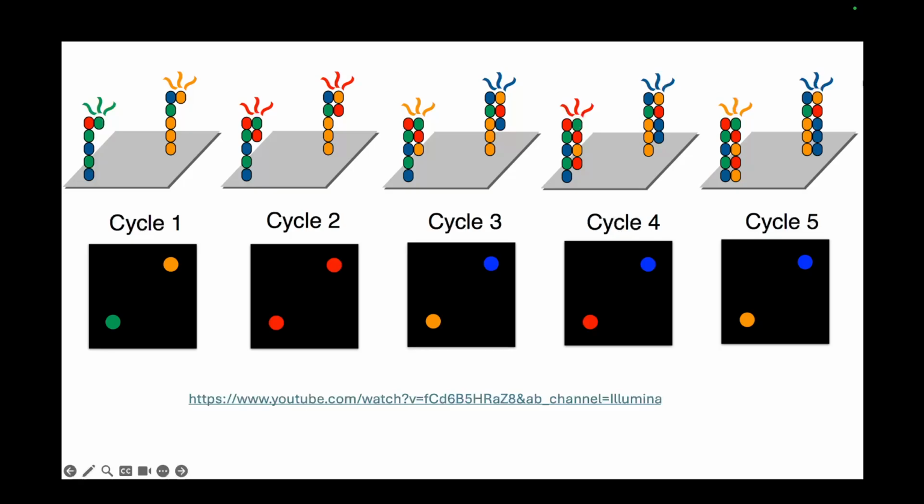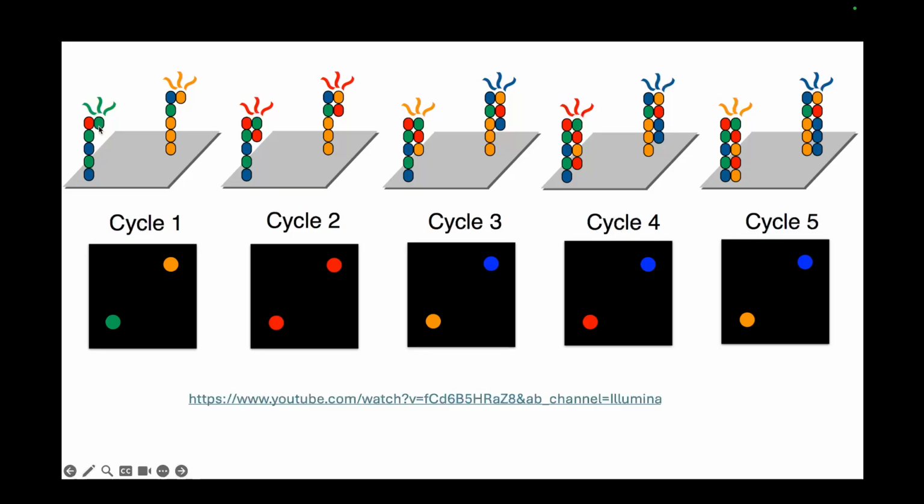So this is basically how the picture looks. If you have this ddNTP here, a green ddNTP has been added, and here another yellow ddNTP has been added. So in cycle 1, what you picture is a green light emitting and a yellow light emitting. The next step, this is a ddNTP.